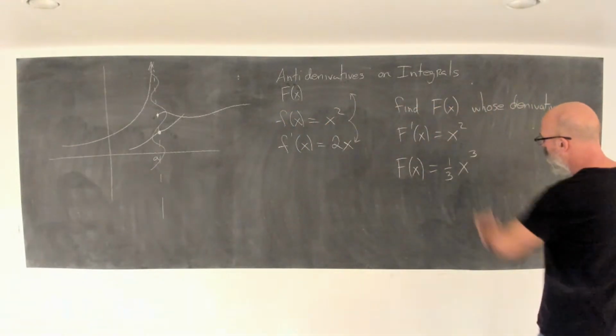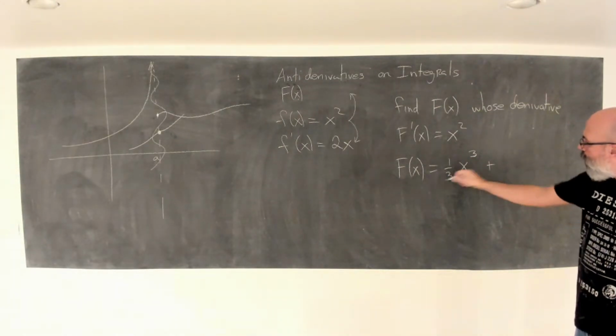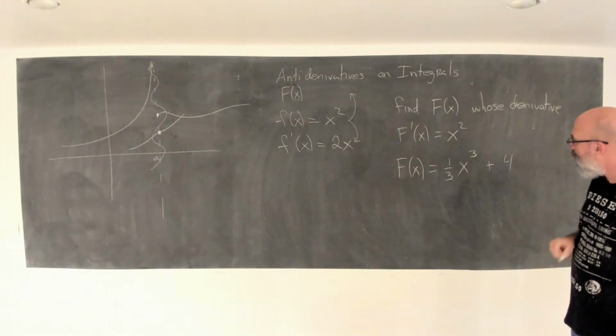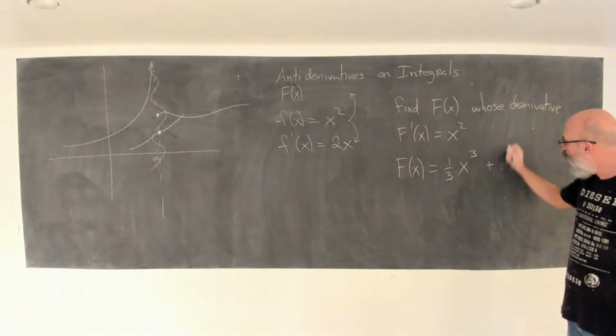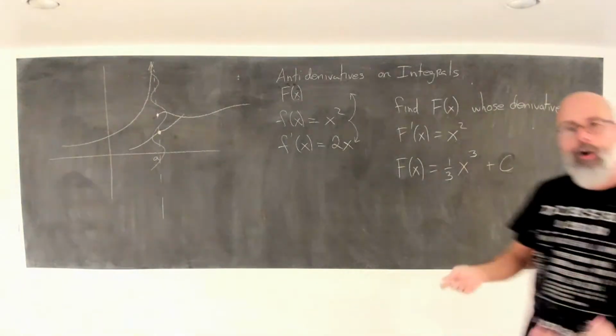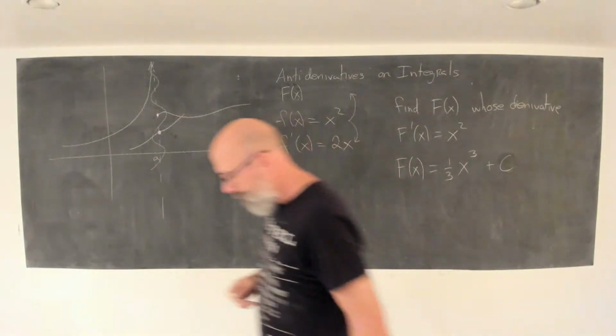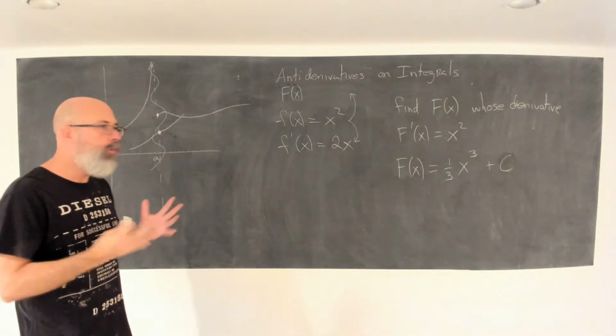So 1/3 x cubed has derivative x squared, but so does 1/3 x cubed plus 4. And so does 1/3 x cubed plus 14, and so on and so on. In general, if you add any arbitrary constant, this is the general antiderivative.